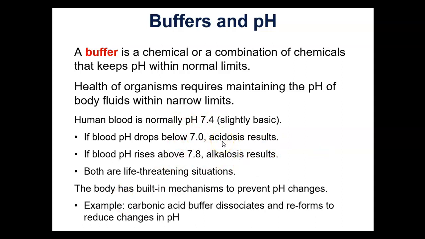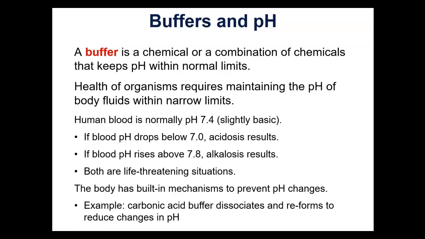You may have heard of DKA, or diabetic ketoacidosis, which can result whenever a person's blood sugar or blood glucose levels are too high for too long. They will begin to produce ketones, and that will cause their blood pH to drop below 7, and it can lead to death. So we have buffers, which are chemicals that can keep pH within normal limits.